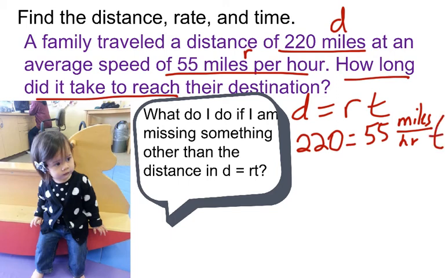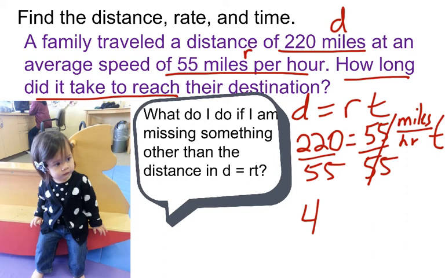So in this case, I have to ask myself, 55 times what is 220? Well, in order to find that, I can divide by 55 in order to figure out, well, 55 times what is 220? 55 cross cancels, and I know that there are 4 groups of 55 in 220.